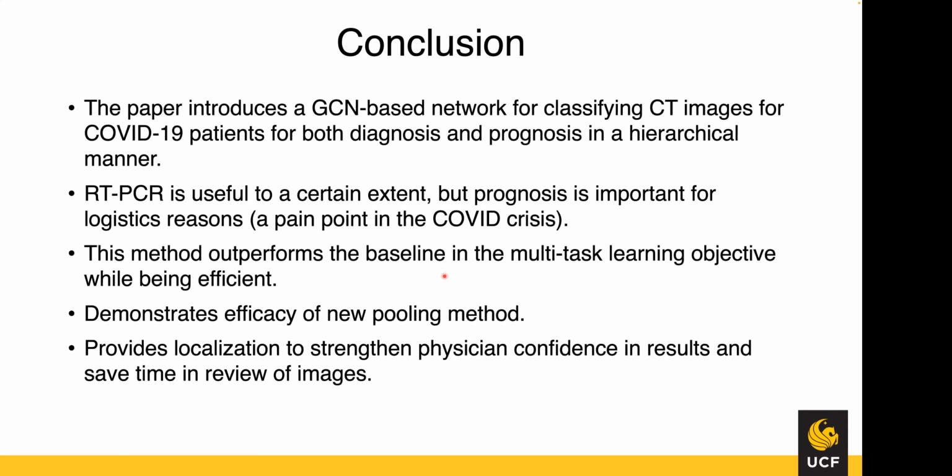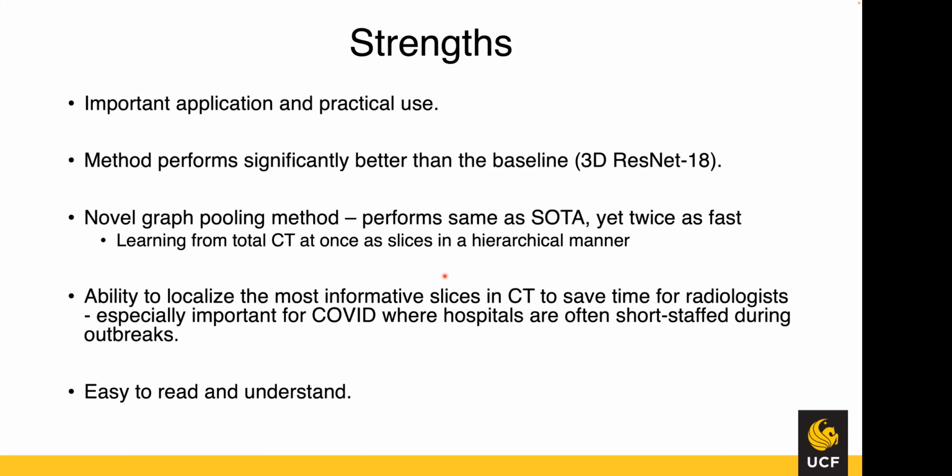So that's important. Okay, so some of the strengths of the paper: it's an important application, which I think everyone knows. The method performs significantly better than the baseline they compare against. Their pooling method, as I just mentioned, is good because it runs faster while achieving the same accuracy.